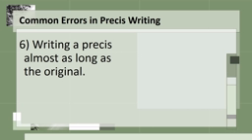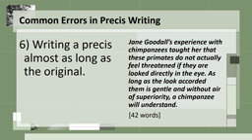Number 6, writing a précis almost as long as the original. Example, "Jane Goodall's experience with chimpanzees taught her that these primates do not actually feel threatened if they are looked directly in the eye. As long as the look accorded them is gentle without air of superiority, a chimpanzee will understand." Although the meaning is correct, you use 42 words here. This is more of a paraphrase because you included everything.